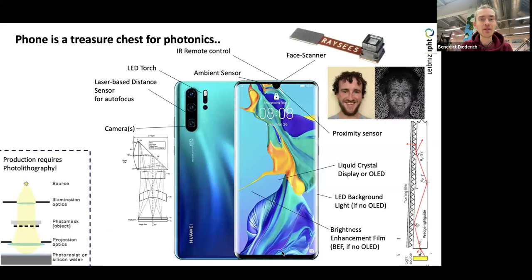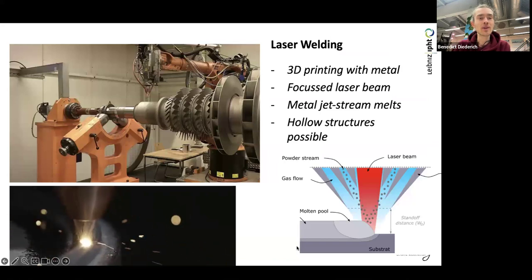Then I think everybody nowadays has a cell phone. There's tons of photonics inside: the camera, obviously, but also the displays. And I think most of the Apples have little projectors in the front where they scan you in 3D to make sure that it's you and not somebody else. Industry is also a big thing, where you can do welding with lasers and even construct whole blades for turbines.